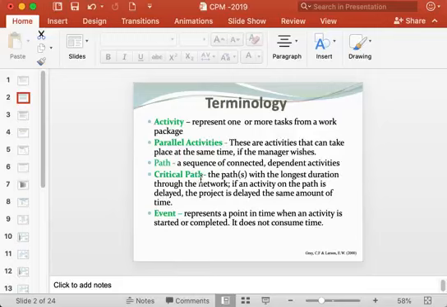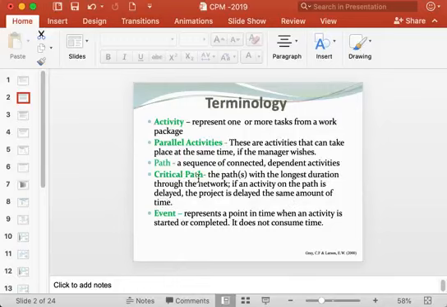And the critical path refers to that path or paths with the longest duration through the network. If an activity on the path is delayed, then the project is delayed by the same amount of time.